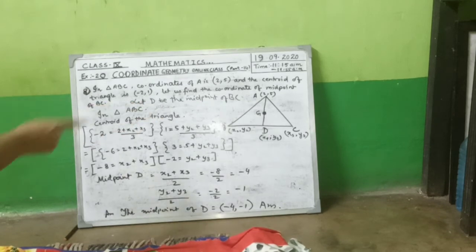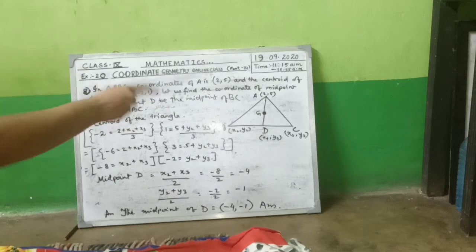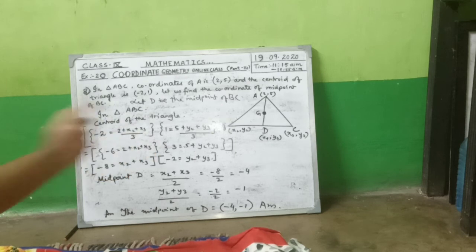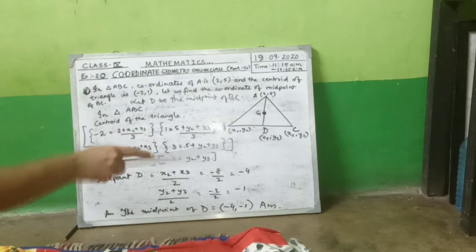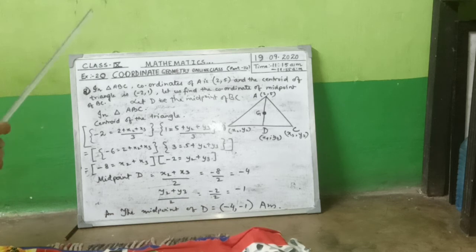In triangle ABC, the centroid means x1 plus x2 plus x3 divided by 3, and correspondingly the ordinate will be y1 plus y2 plus y3 divided by 3. Here the centroid is given to you. The abscissa is 2 and the ordinate is 1.